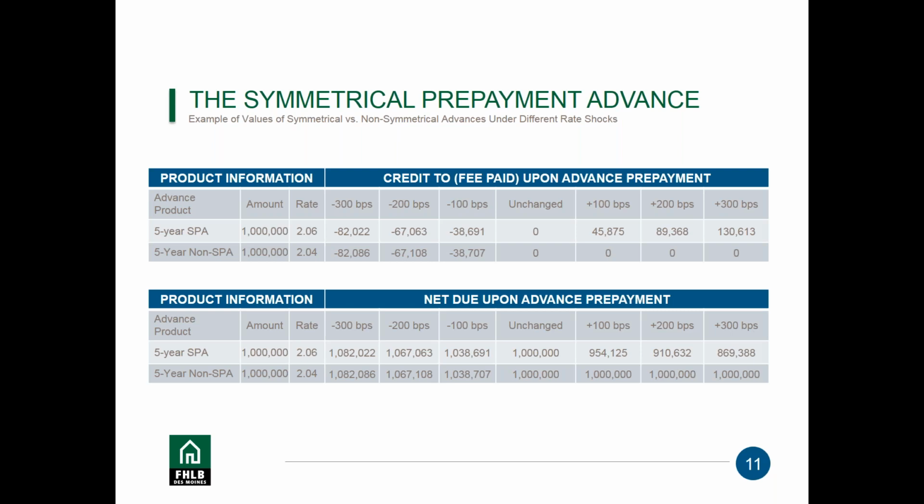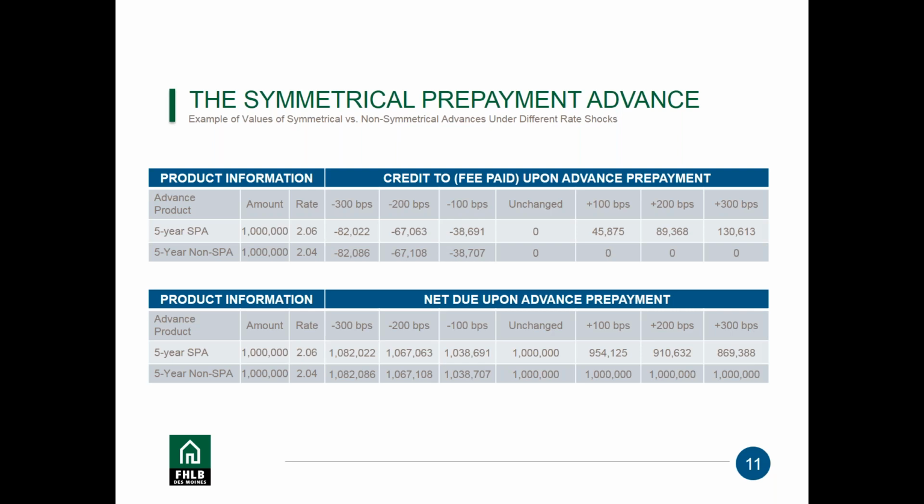So again, that symmetrical feature is going to allow you to realize a gain that's composed of the difference between the current market value of the advance and the principal amount in these up rate environments. In this example on the chart, an instantaneous upward rate shock of 100 basis points relative to when the advance was originated would result in a credit to you upon principal prepayment of $45,875.